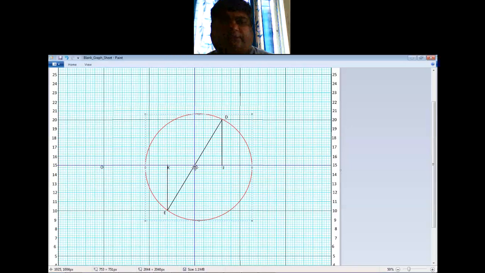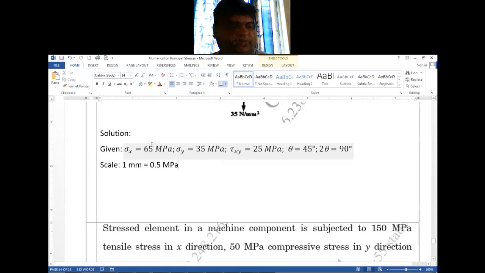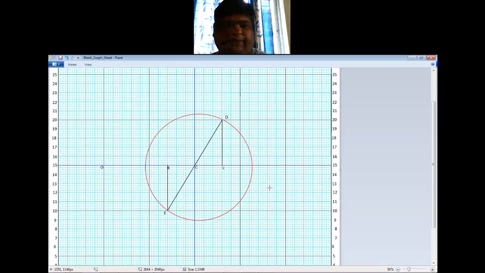Okay, so with C as center and CD or CE as radius, you draw a circle like this. Now from this circle with CE as your reference, you have to draw a line inclined at 2 theta. Now what is the angle of 2 theta here? 2 theta is 90 degree.